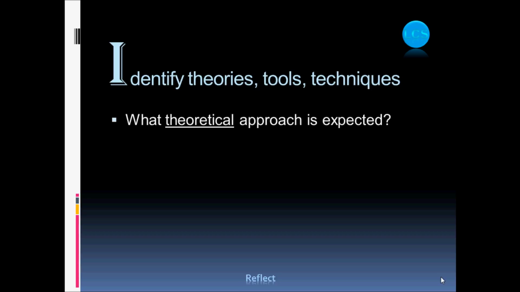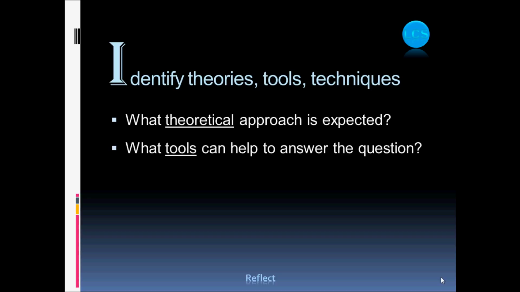The next step is to identify theories, tools, and techniques that will enable us to answer the question effectively. Most questions have a theoretical foundation, and what is required is to identify the theory or theories that underpin the solution to the case study. The next step is to identify tools that will help us to answer the question more effectively.